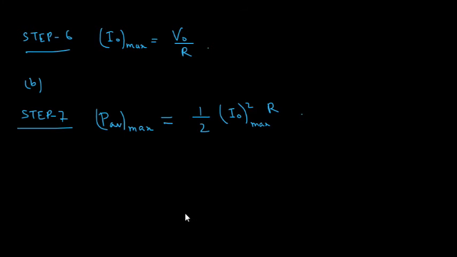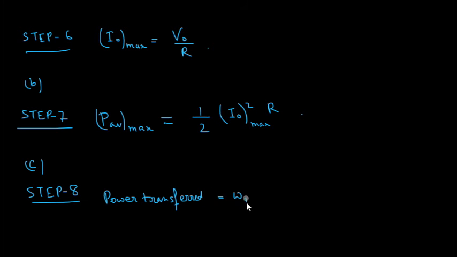Next is part C, step 8. Step 8 is just remembering the formula for power transferred: omega is equal to omega r plus minus delta omega, or we can also write 2 pi nu, so 2 pi times nu r plus minus delta nu.